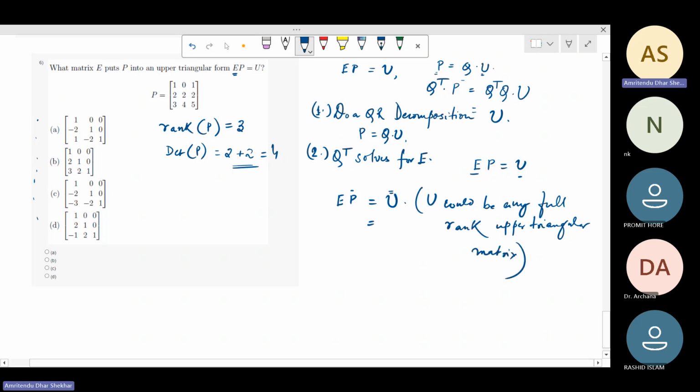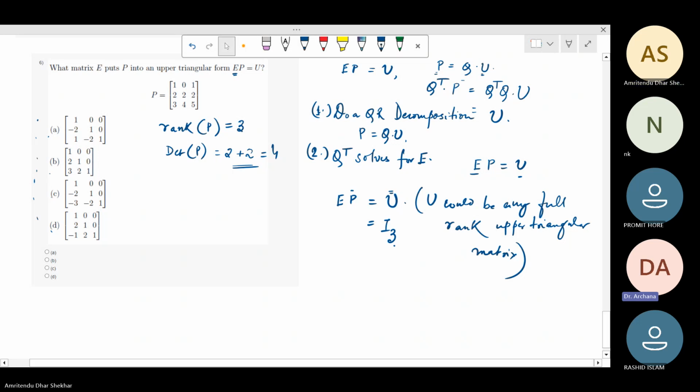In fact, you could take U to be equal to I3 as well. So the way you solve this problem is that you have to take each of these four matrices and then explicitly perform a computation by hand and check which of them gives you an upper triangular matrix. So that's the way you solve a question like this, because there's no unique solution.